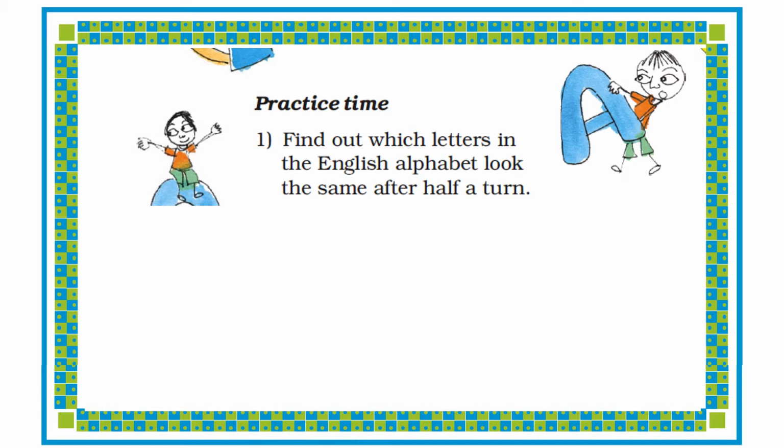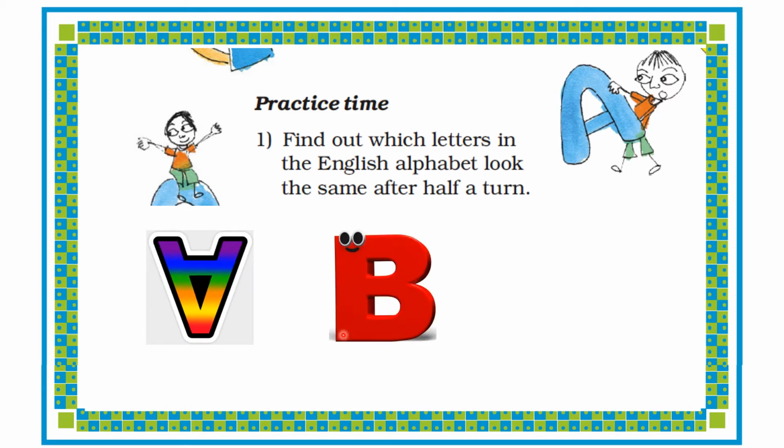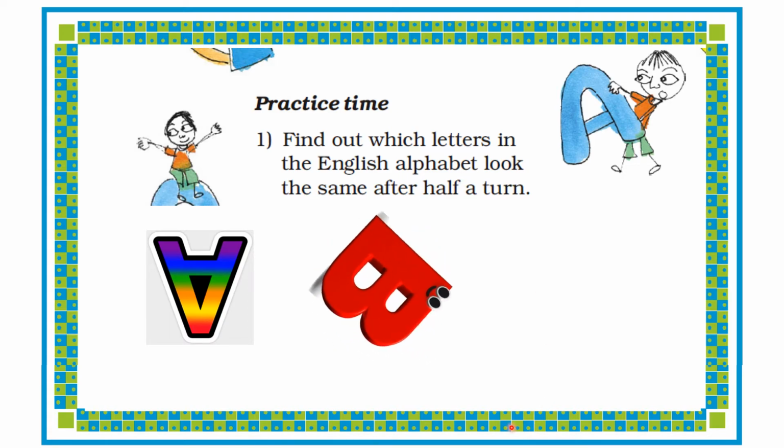Practice time. Find out which letters in the English alphabet look the same after half a turn. Let us take some examples. Like this is A. If we give it half a turn, it will look like this, upside down. Let's look at B. If we give it half a turn, it will look like this.